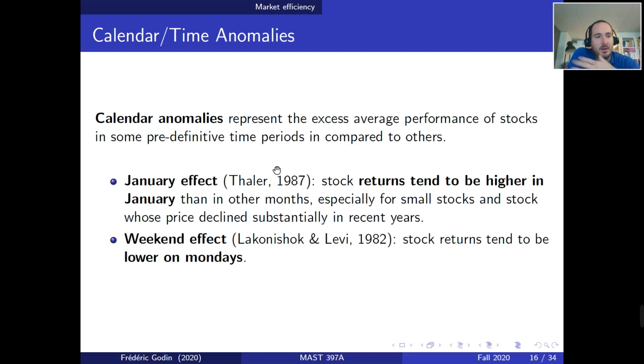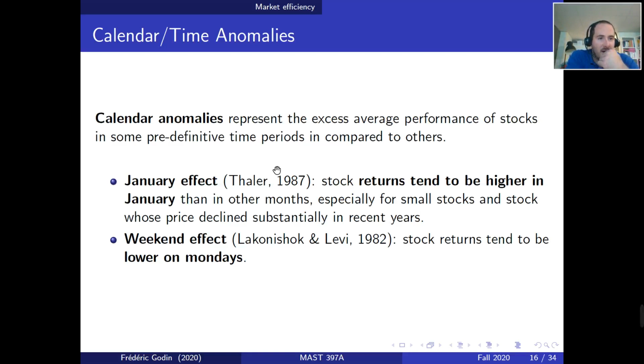So the literature has attempted to explain this effect in a few ways. There might be explanations that this is irrational and it cannot be explained through rational means, but there were other explanations based on rationality, which is that these effects could maybe partially be explained by tax effects.